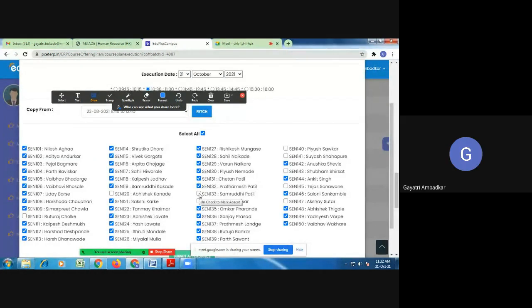Samruddhi Patil, Aditya Pawar, Piyush Savkar, present, ma'am. Suyash Thapure, Shubham Shrisat, Tejas Sonavne, present, ma'am. Akshay Sutar, present, ma'am.